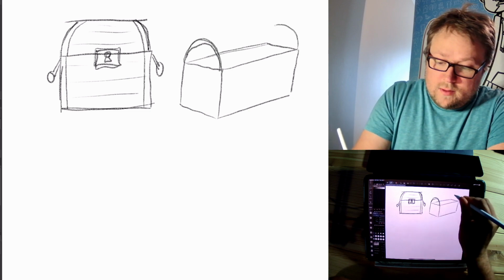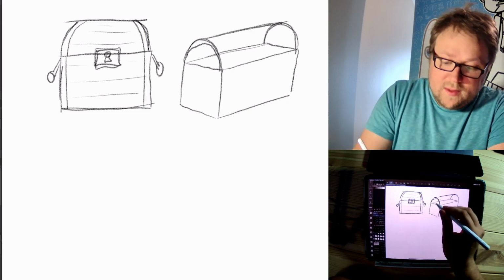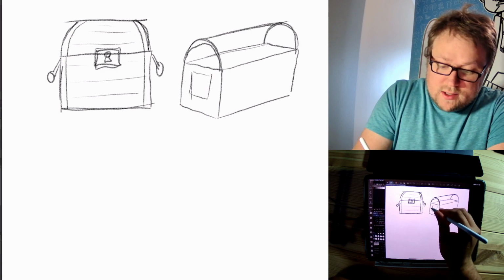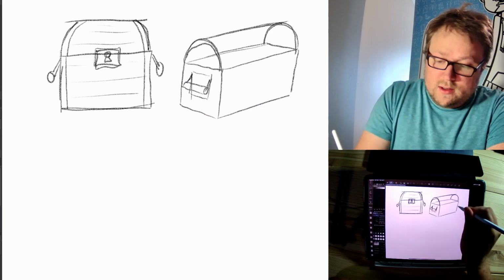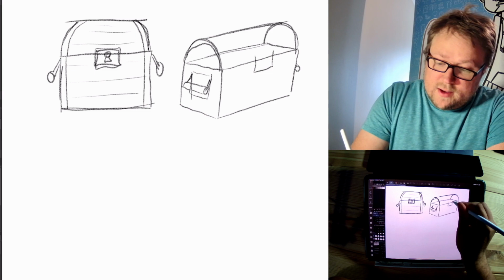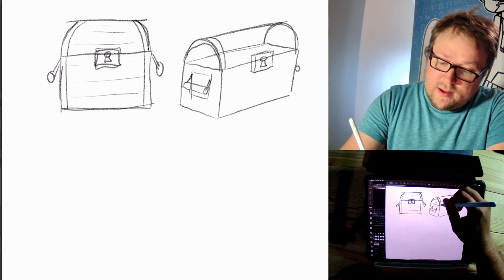And then we build the curve over here, connect the curve at the top, okay? Then we have the handle, which is like so. And then draw another one over here. Okay. Then you add in the other details like the lock, which is a 3D lock, like so. Then you add the metal bands.